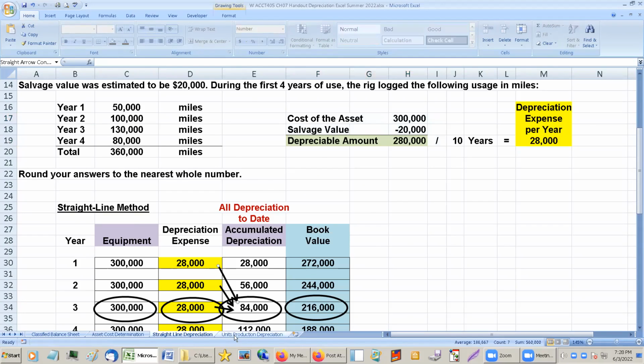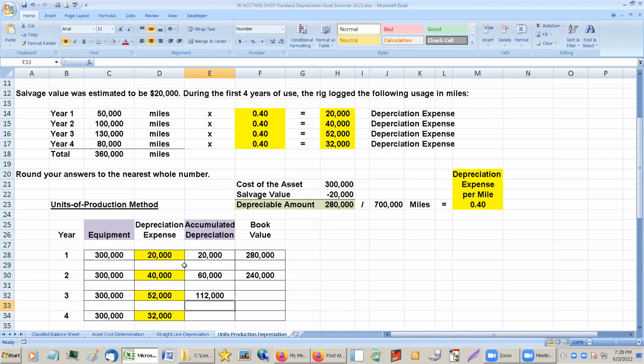And just to reiterate, this is all of these together, the total to date.